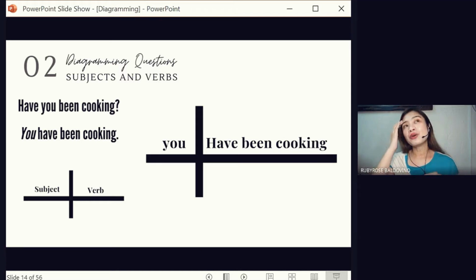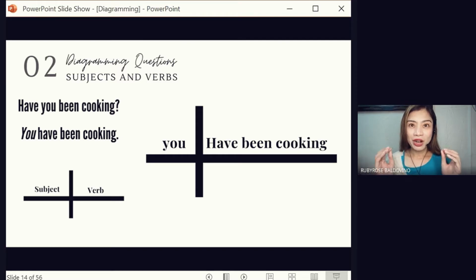Did you notice that all of the sentences that we diagrammed earlier began with the subject? Well, question or interrogative sentences are typically written in a different order. So if you have a hard time finding the subject of a question, you just have to reorder the question into a statement. For example, have you been cooking? You turn this question into a statement: you have been cooking.